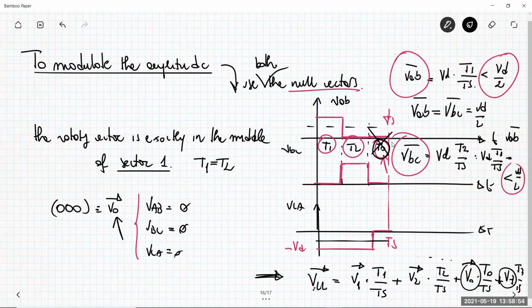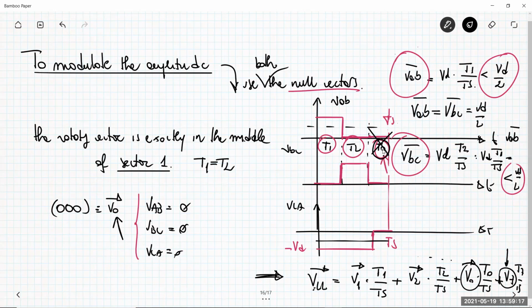Anytime you add T0 and T7, so the V0 and V7 null vectors here, you are reducing the amplitude. So the null vectors are employed in order to modulate, reducing what happens without using them. The maximum possible amplitude is when you do not have any T0 or T7.